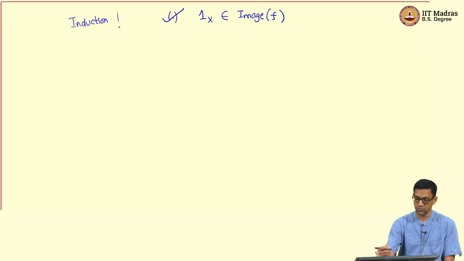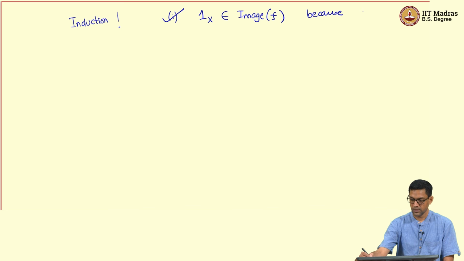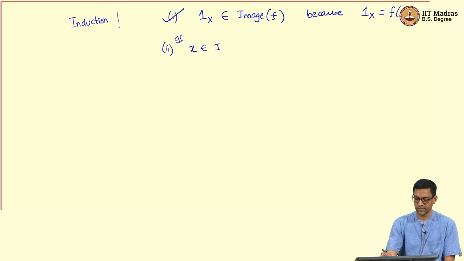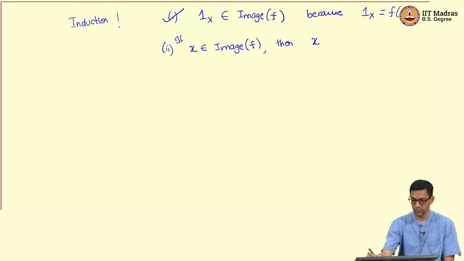So, this is true because 1 is nothing but f evaluated at the natural number 1. The second property is that if x belongs to the image, then its successor x plus should also belong. This is the second property we need.